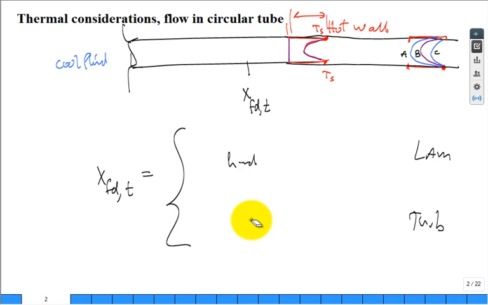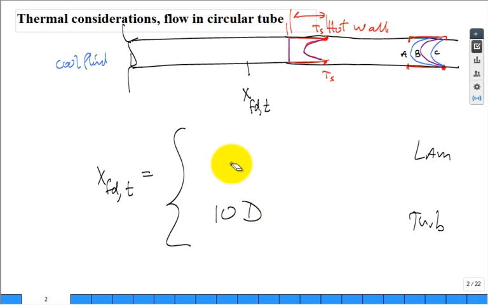What's the mechanism to transfer momentum? What's the mechanism to transfer heat, internal energy, and mix it up within a turbulent flow? It's the same little bulk motion mixing. So guess what? It's 10D. It's the same. This is the same as the hydrodynamic entrance length.